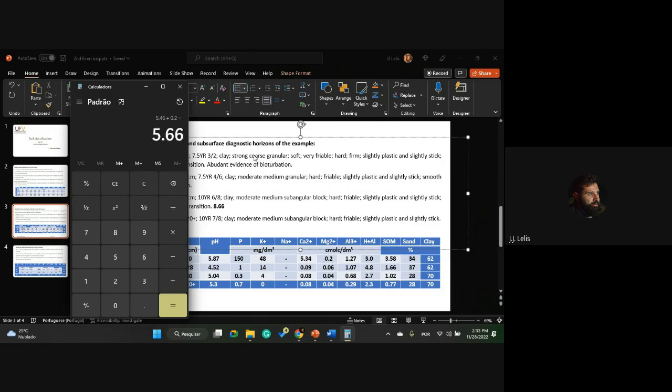So we have a sum of bases equal to 5.666. If we divide this number by all negative charges that we have and multiply by 100, we have 65% of negative charges that are fulfilled by bases.